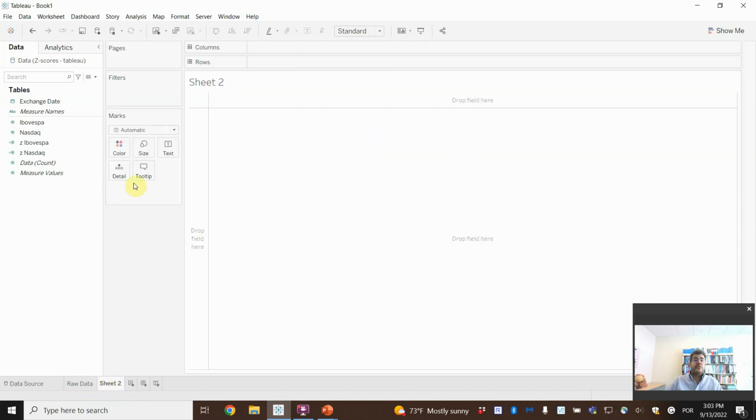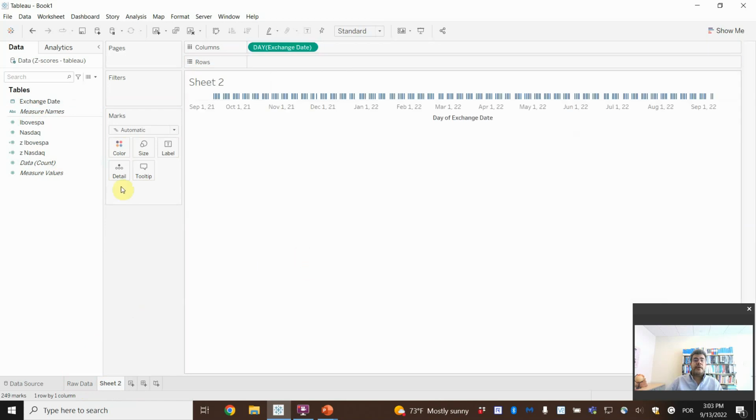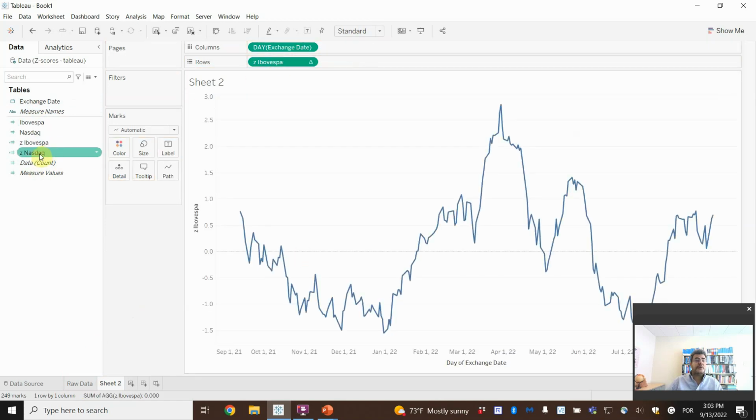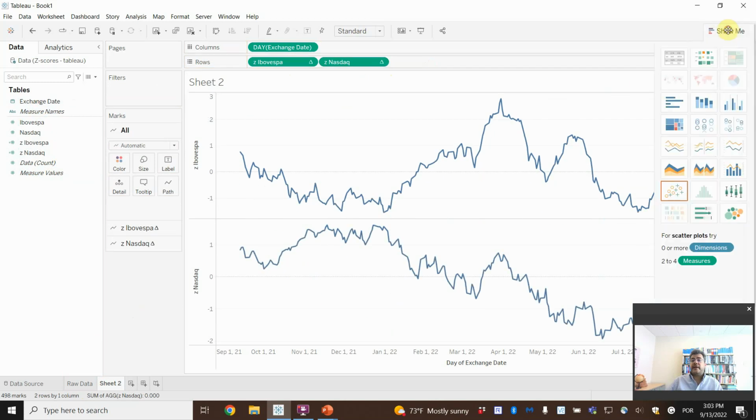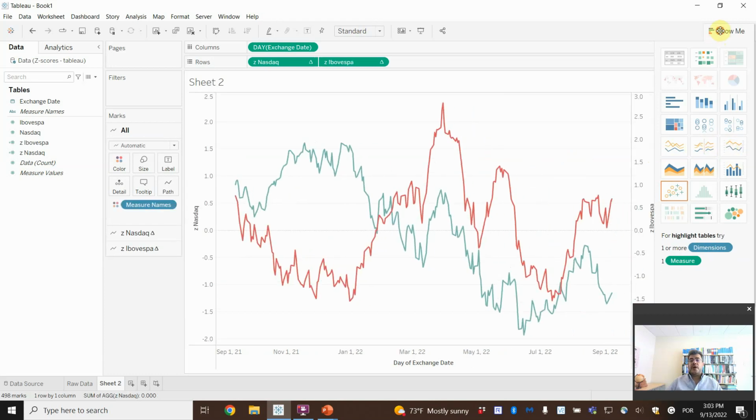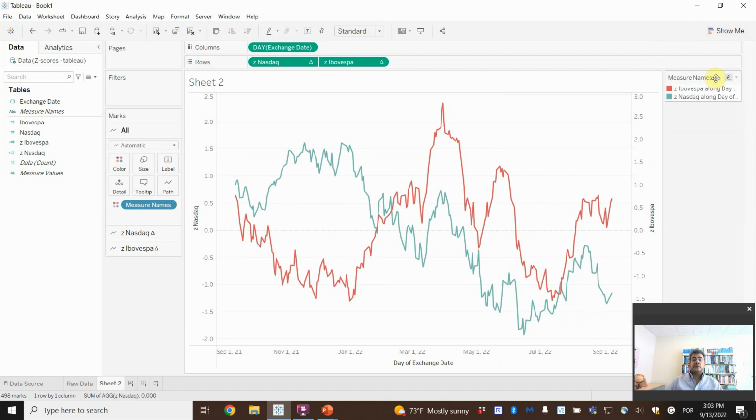And then the second one here, so let's go on date, and then the z-scores, Ibovespa and Nasdaq, and then on show me, because here we have two axes. Let's combine both. It is this chart here. We are combining both. So here, Ibovespa is more volatile because here the standard deviation and so on, we measure the volatility of these data.